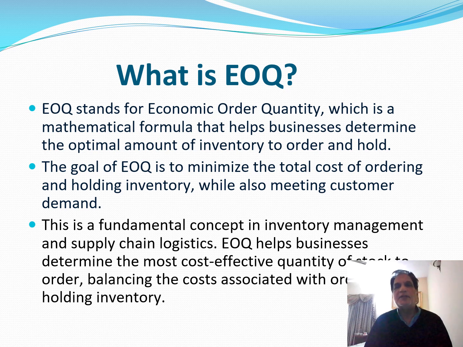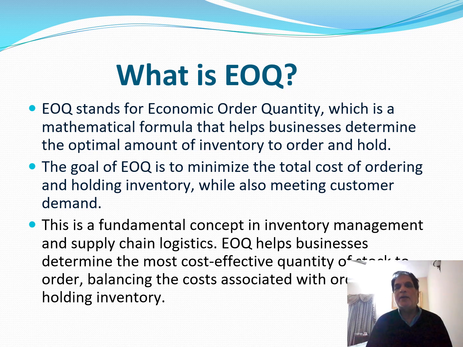So what is EOQ? EOQ stands for economic order quantity, which is a mathematical formula that helps businesses determine the optimal amount of inventory to order and hold. The goal of EOQ is to minimize the total cost of ordering and holding cost of inventory while also meeting customers' demand.